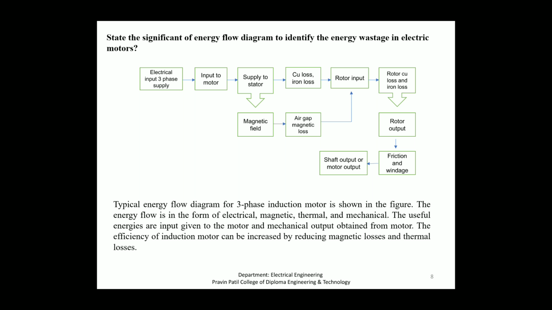Now we understand the losses which occur in an induction motor. There are two types of losses: first, constant or fixed losses, and second, variable losses. First, constant or fixed losses. Constant losses are those losses which are considered to remain constant over the normal working range of the induction motor.